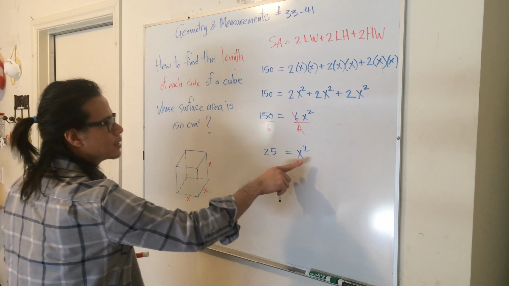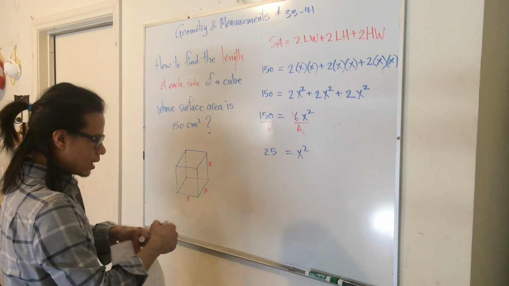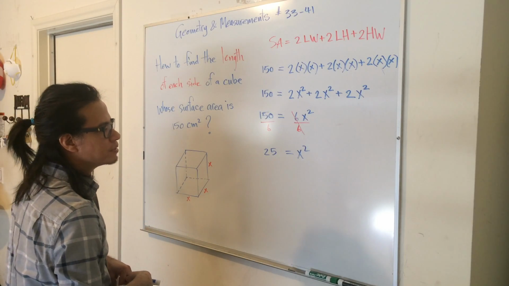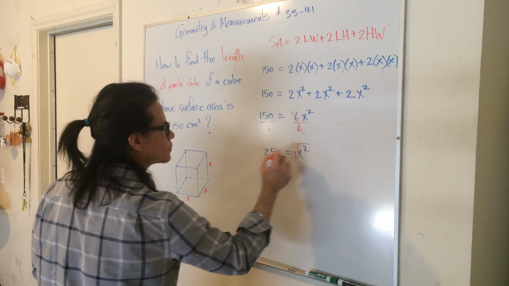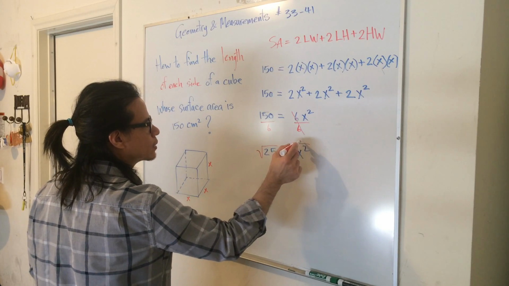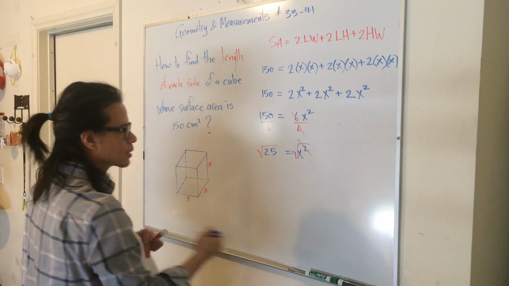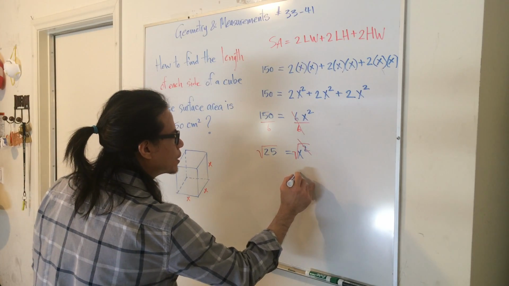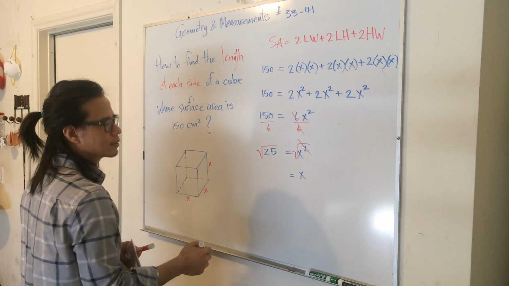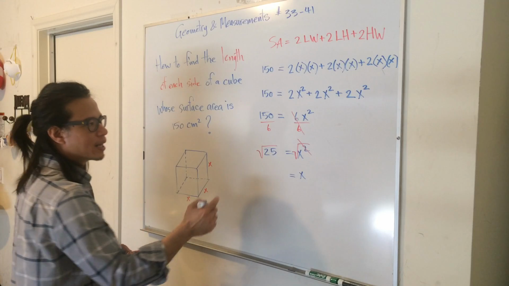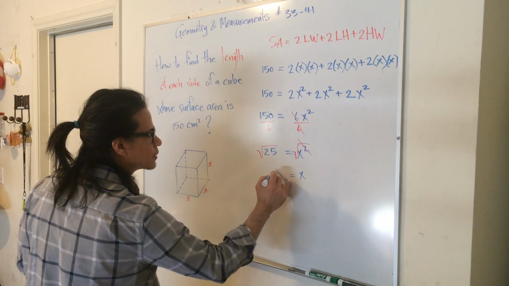Okay, we're almost there. Need to get rid of the little 2 up top. So the opposite of squared is square root. Okay, so we want to undo the 2 here. So now we're left with x is equal to the square root of 25. So what number times itself will give you 25?